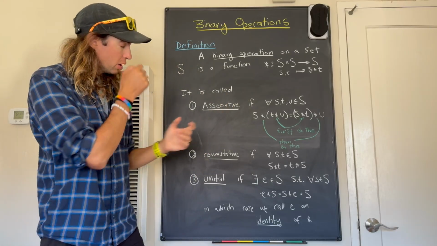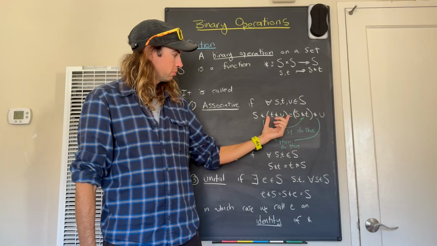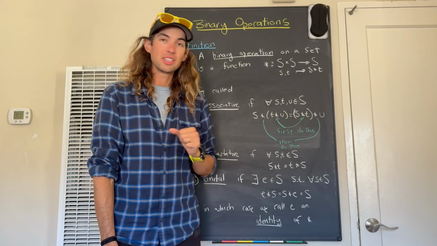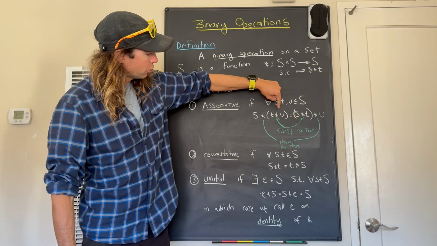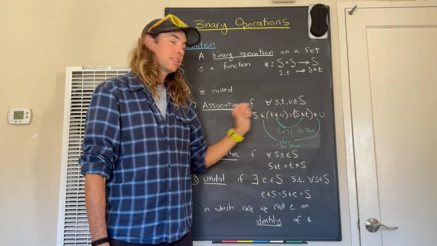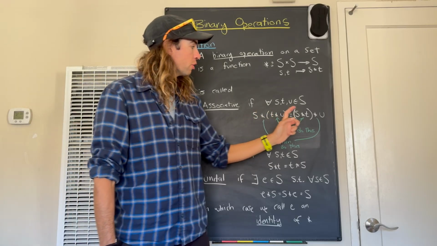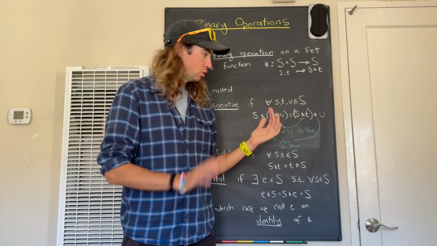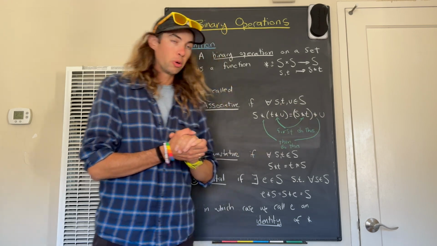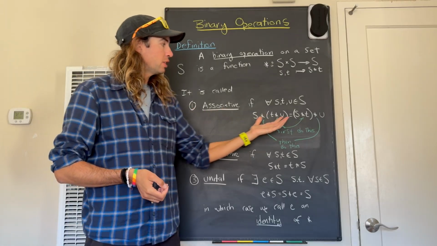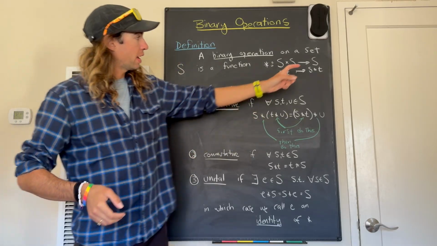The parentheses mean, remember from PEMDAS, that you do whatever is in the parentheses first. So on this side you first do t star u, and then you star that with s. Or on this side, you do s star t first, and then you star it with u. Associativity is requiring that these two give you the exact same element of S back.